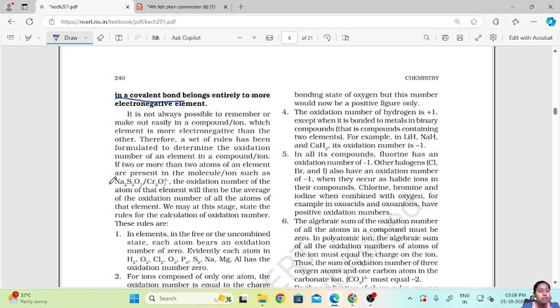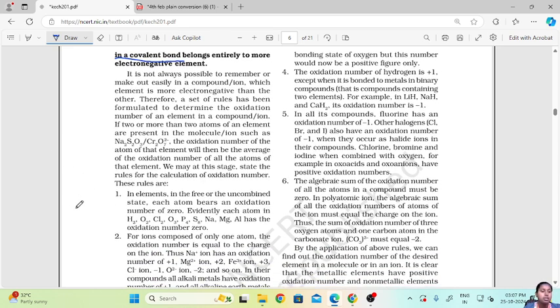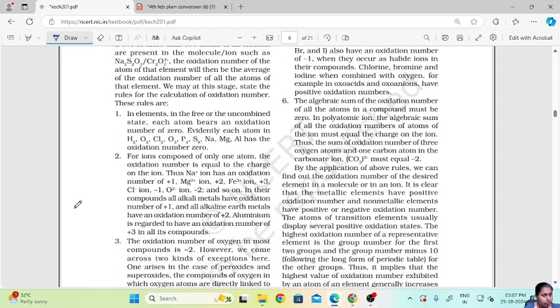But when there is a polyatomic molecule, here sodium, sulfur and oxygen are there, the average of the oxidation numbers is taken. So adding all the oxidation states and dividing by the number of atoms, you get an average oxidation state, which is considered the oxidation number of that molecule.